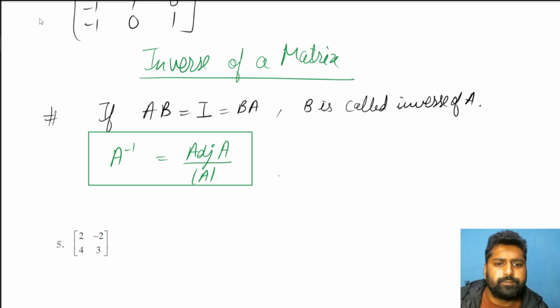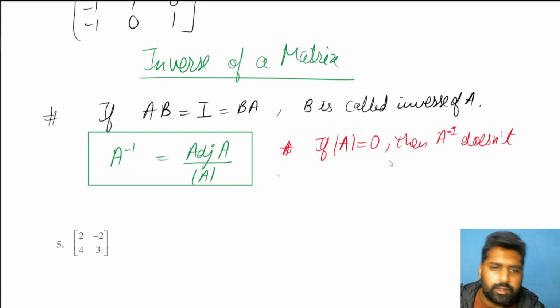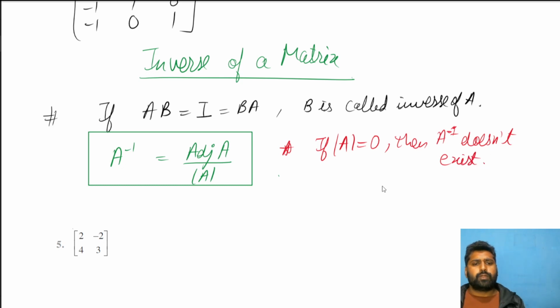One more thing, remember that if the determinant of A is 0, then this denominator becomes 0 and this becomes not defined, then A inverse doesn't exist. So in order for the inverse of a matrix to exist, the determinant has to be non-zero.